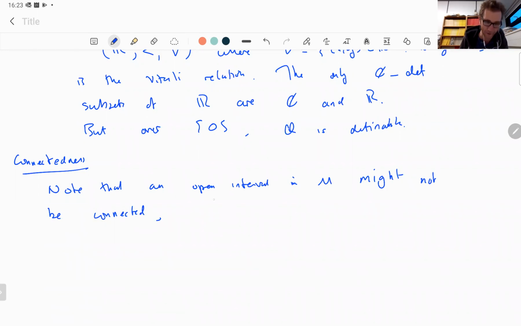For instance, Q, which is an interval in Q, is the disjoint union of the open sets (minus infinity, root 2) and (root 2, infinity), where this is bad notation because these aren't intervals, but you can guess what I mean. So topologically, our underlying set might not be connected, but it is connected with respect to definable open sets.